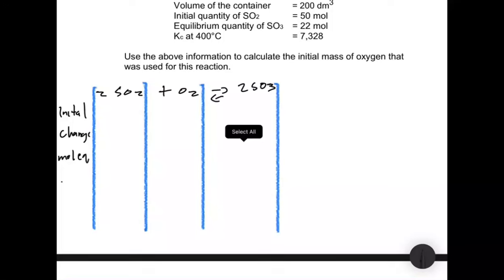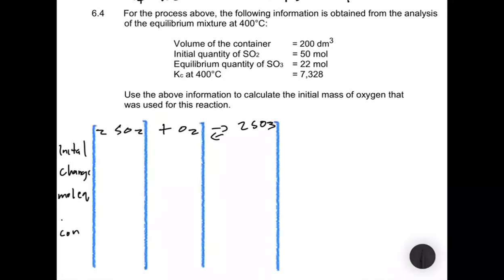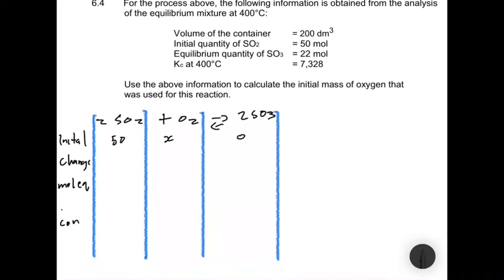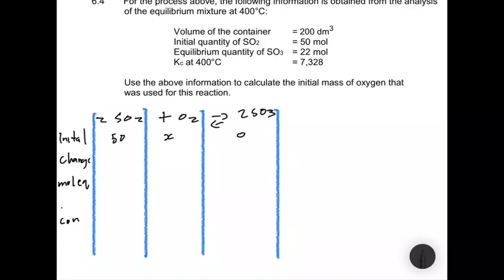And then here we have the concentration. So initially we had 50 moles of SO2, so there goes our 50. And then for O2, we're not given, right? That's what we need to find so that we can consequently find the mass. And then for SO3, we're starting with 0, right? And then at equilibrium we have 22.